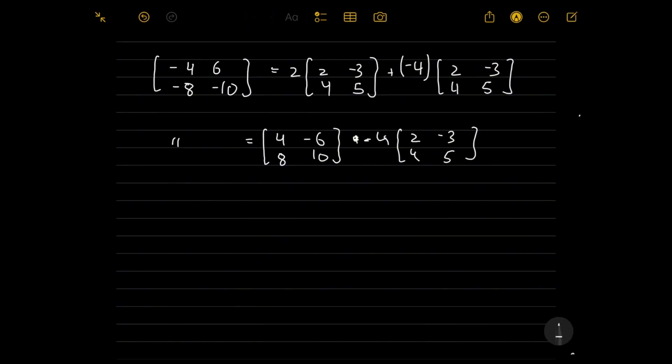Simply multiply the 4 here. So -8, then 12, with -16, -20.